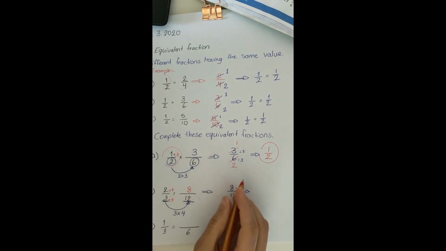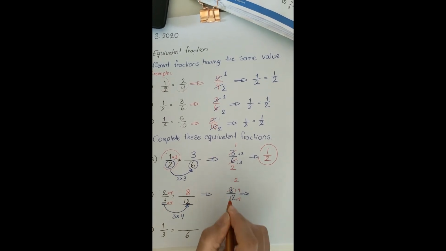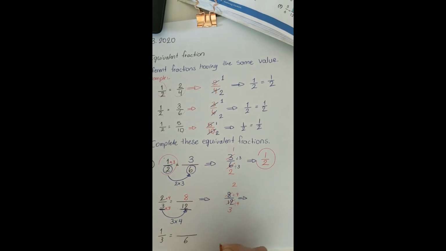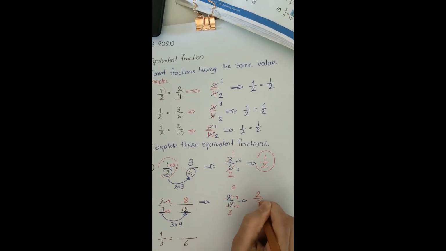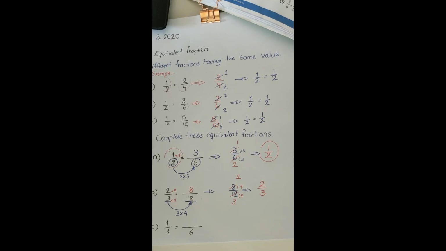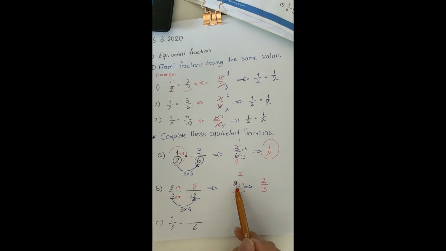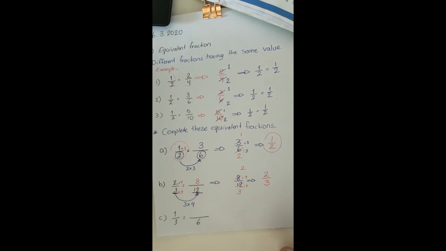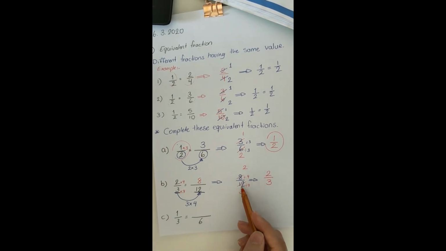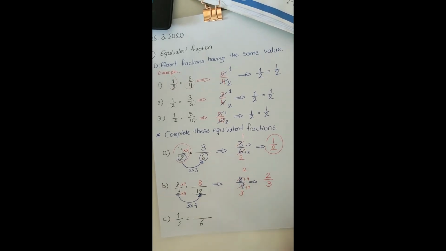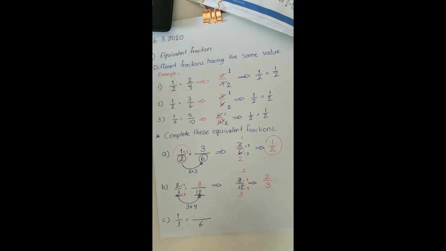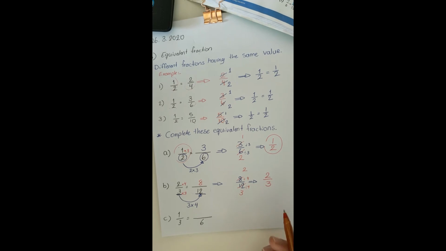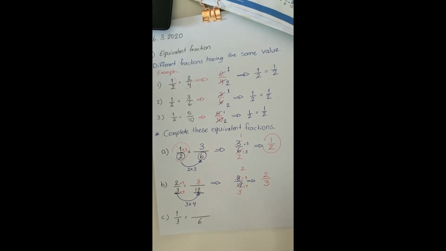Eight divided by 4 is going to be 2. 12 divided by 4 is 3. 2 over 3. You can divide these two numbers by 2 also, but if you divide them by 2, you will have to do another step to simplify it, because at that point you will have division by 2 also.